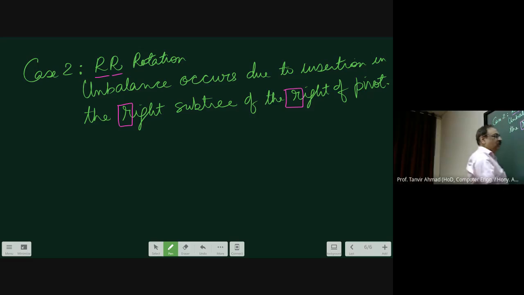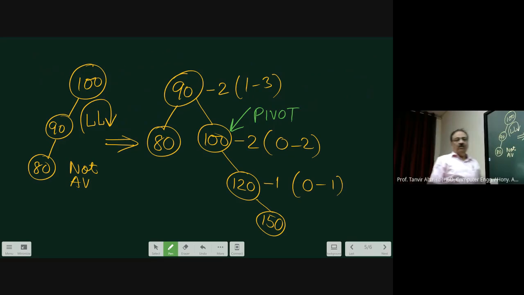Now, to come back to this one, what is the right of pivot? It is 120. You are inserting in the right subtree of 120, therefore this is RR rotation.